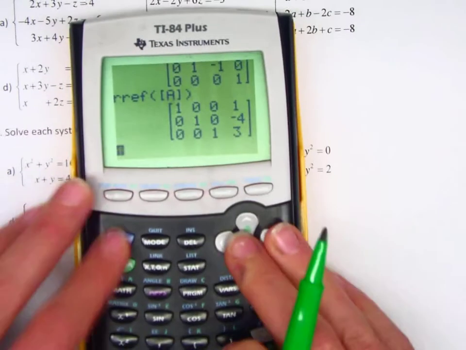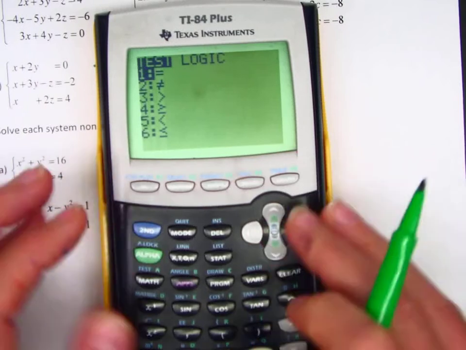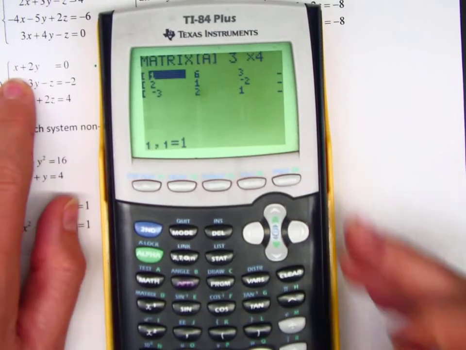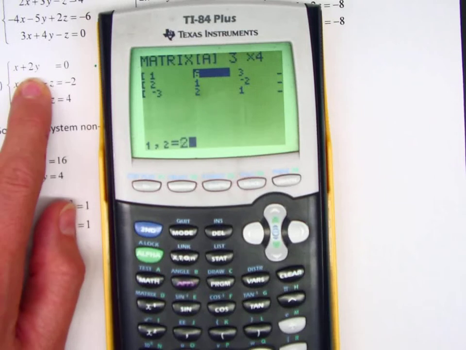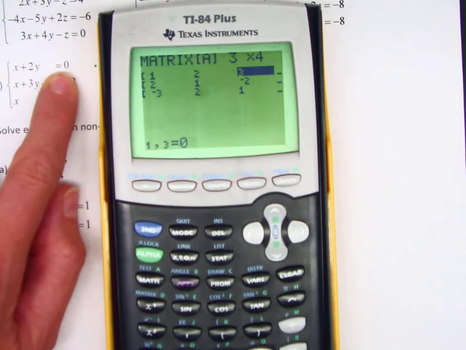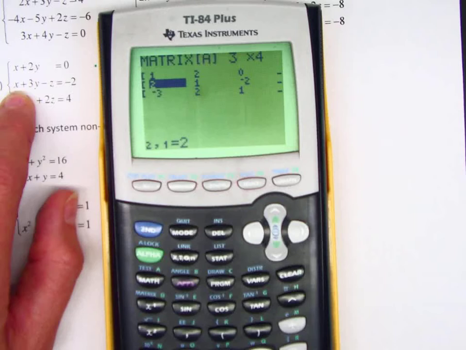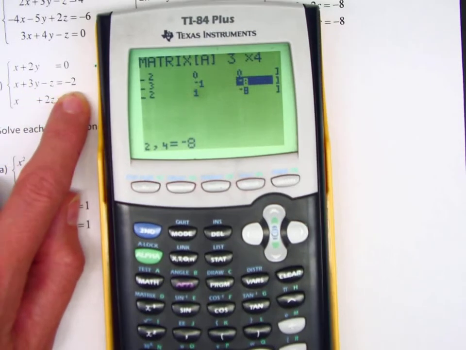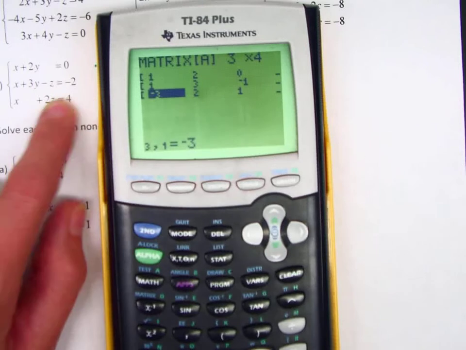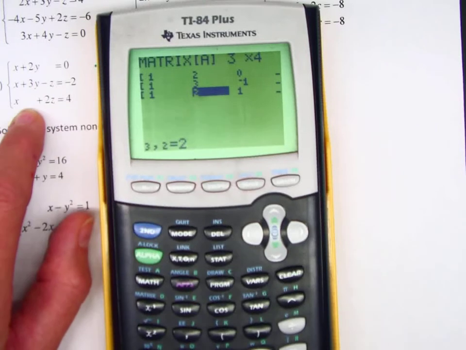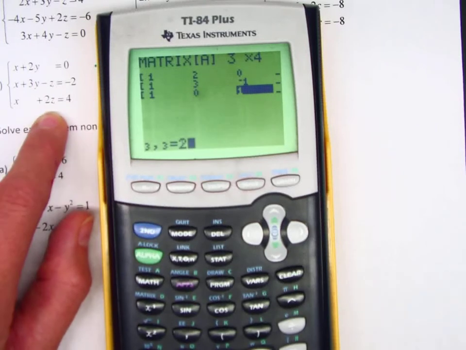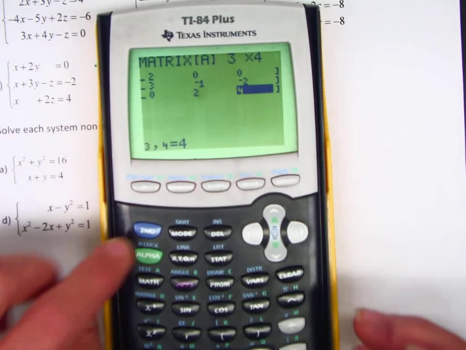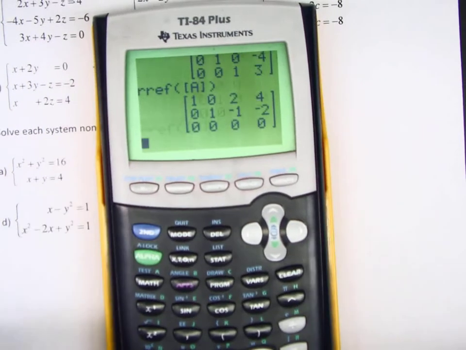All right. Now I do have an x, y, z here, so I need to make sure that I have a placeholder for all of them. That's going to make my augmented matrix have more zeros. So I have 1, 2, 0, z, and then 0 constant. 1, 3, negative 1, and negative 2 for my constant, and then 1, 0y, 2z, and then 4, and then we do our row reduced.